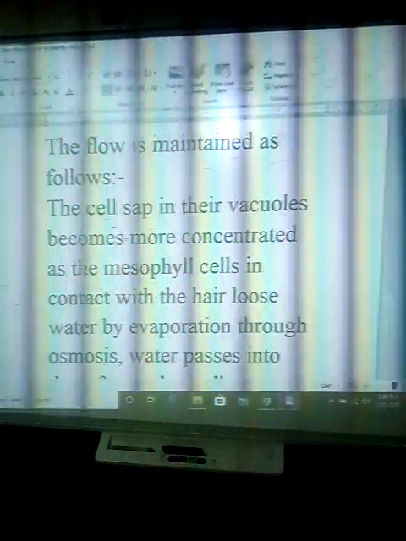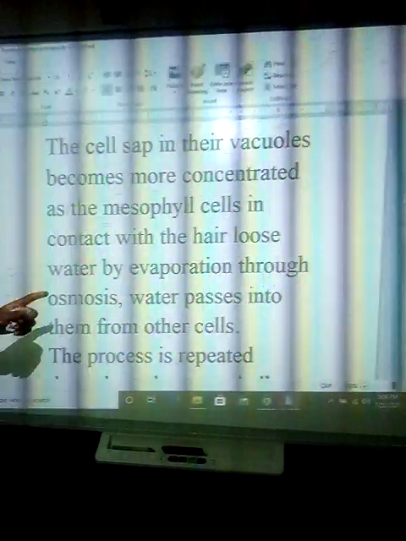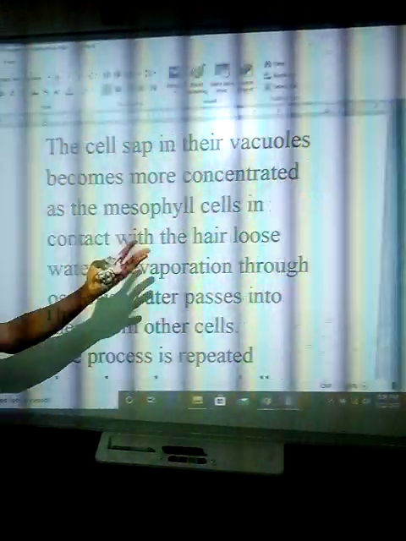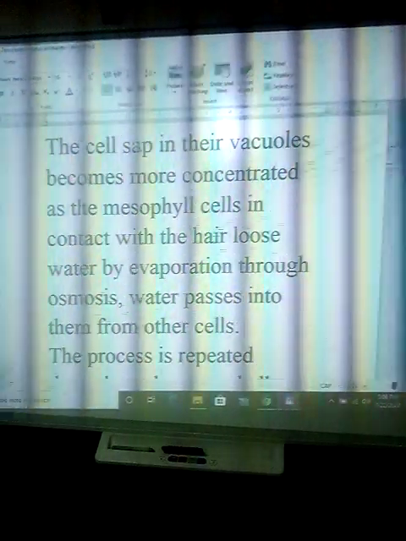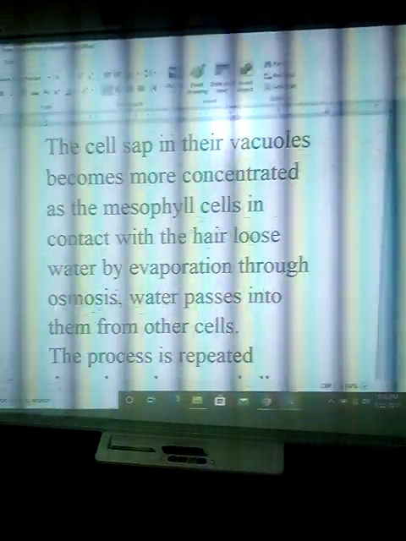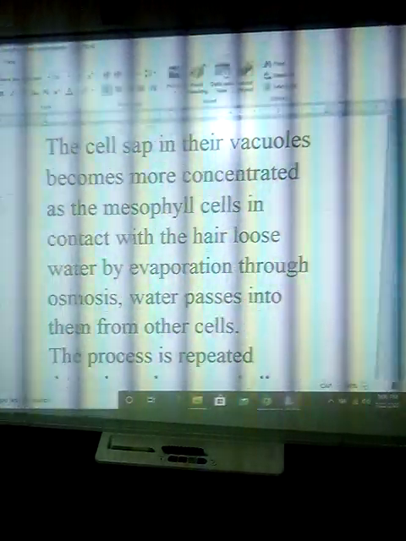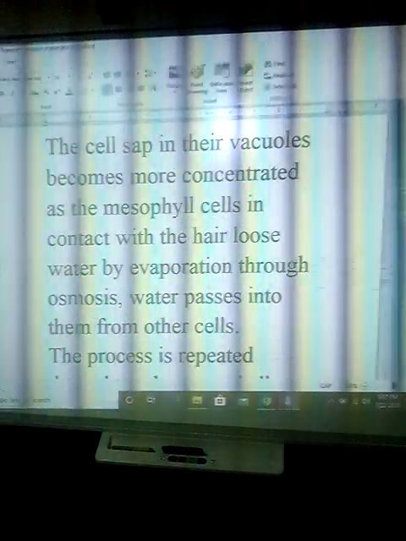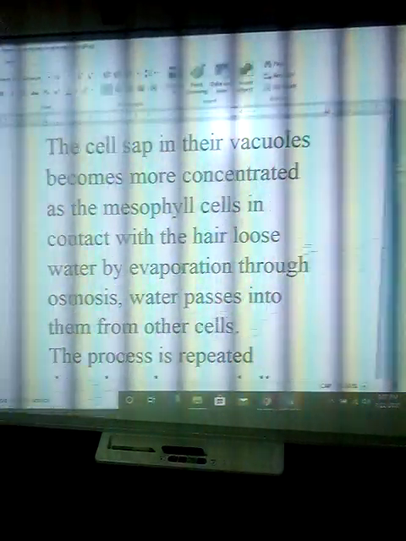The cell sap in the vacuoles becomes more concentrated as the mesophyll cells in contact with the air lose water by evaporation. So through evaporation, water is lost from the surface of the leaf or stem, through the cuticle of the leaf.